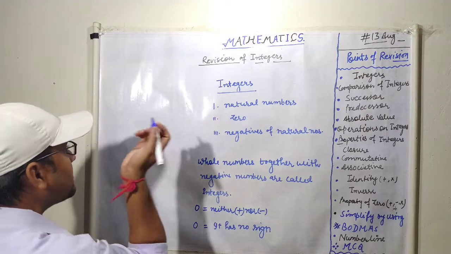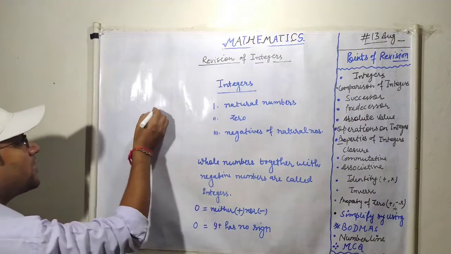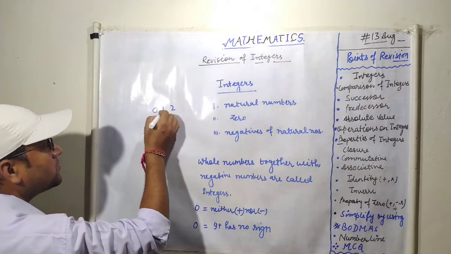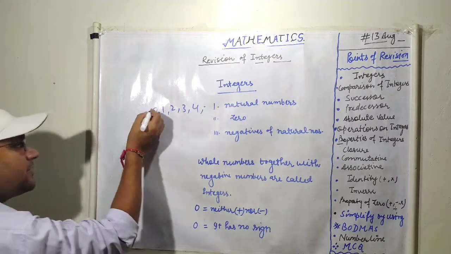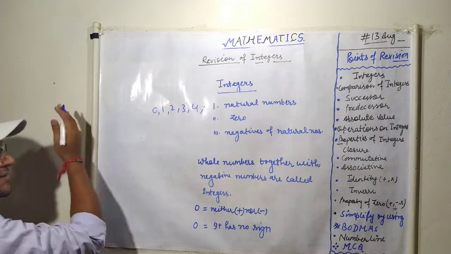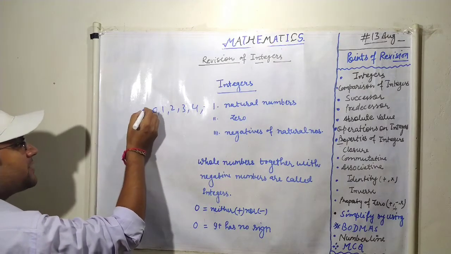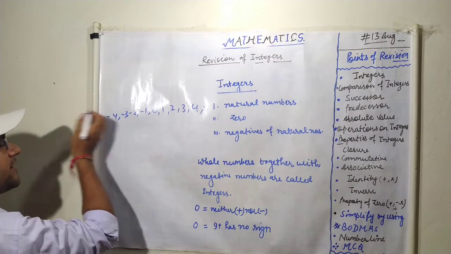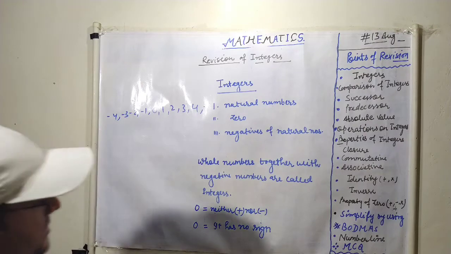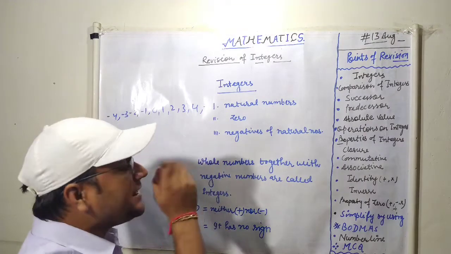So integers are basically a collection of whole numbers, 0, 1, 2, 3, 4, 5 and so on, with negative numbers. Negative is always left side of 0: minus 1, minus 2, minus 3, minus 4 and so on.